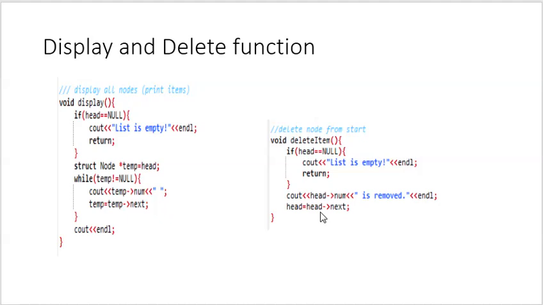Now I will show you the output. I have created a number of nodes, and then I have called this function some number of times. However many times you call this function, it will delete the nodes created by the insertion.